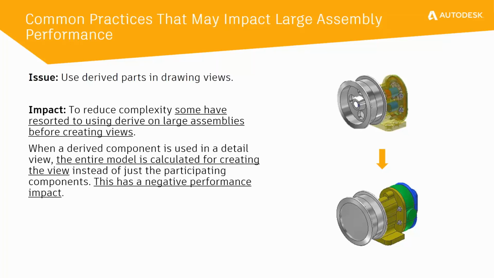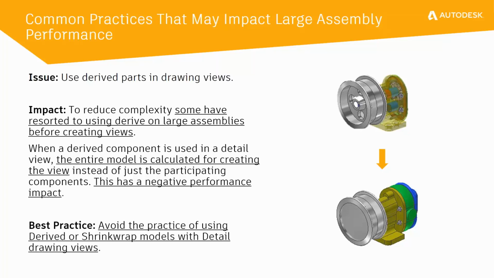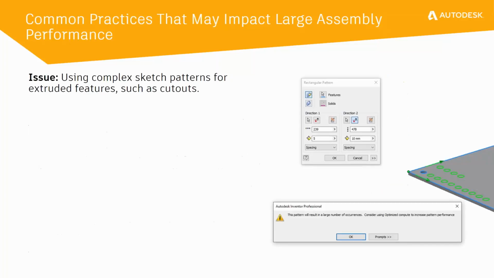The problem associated with this is the entire model is calculated for creating the view, and this has a negative impact on the performance. So best practice here is to actually avoid using derive or shrink wrap models with detailed drawing views. So if you are using this methodology and you're encountering poor performance, potentially it's because you're using these derived parts inside of your drawing views.